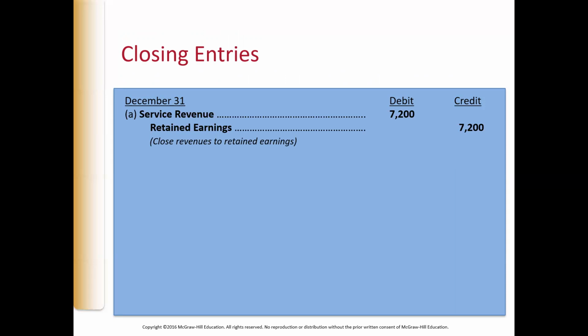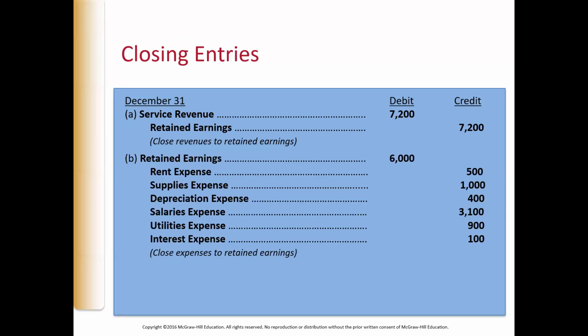So debiting service revenue zeroes it out because revenues have a normal credit balance. We're going to put them into retained earnings. All of our expenses have normal debit balances. So when we credit them, it's going to zero everyone out and put it into retained earnings.